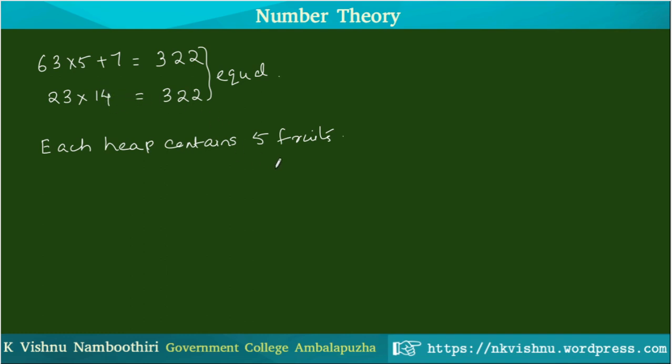So this is the number we have. This is the solution. We don't actually know whether this is the only solution for Mahavira's puzzle. At most, what we can say is this is a solution, and we got one solution to be 5 fruits per heap and 14 fruits per traveler. That is the distribution that we have made.